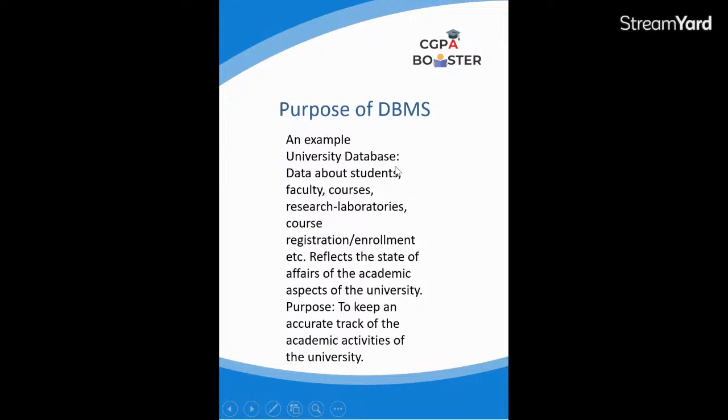The university database will be an example that will store the data about students, faculty, the courses, etc. There can also be banking management systems, because again, there are various customers about whom the details need to be stored, like name, contact number, various account numbers, etc. So that's how we come across the purpose of DBMS: to keep an accurate track of the academic activities of the university or colleges or anything that you can think of, putting in a group of collections.